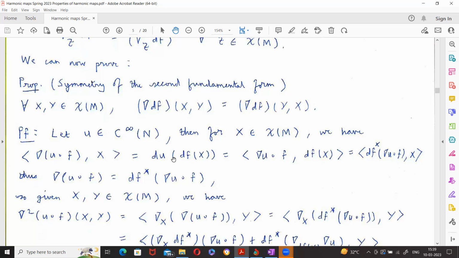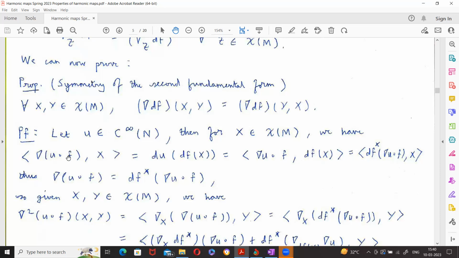And what is du acting on df of x? By the definition of the gradient vector, this is grad u at the point f of x, inner product with df of x, right? And here, this df I can move to this side. I want to write everything as an inner product with x. So I move it to the left-hand side. This becomes df star of grad u composed with f, inner product with x. Now this is true for all vector fields x, right?